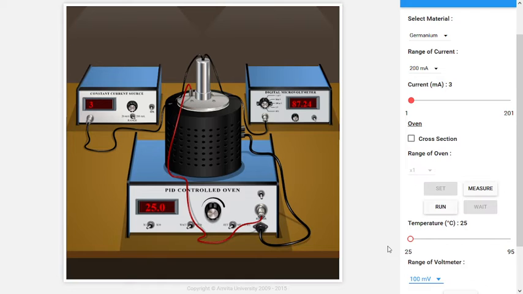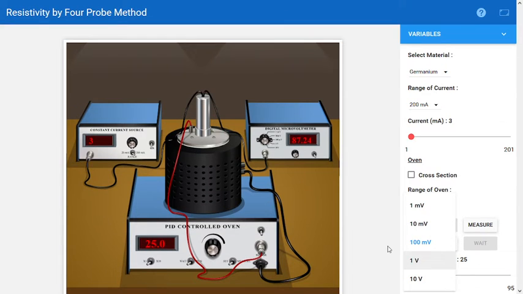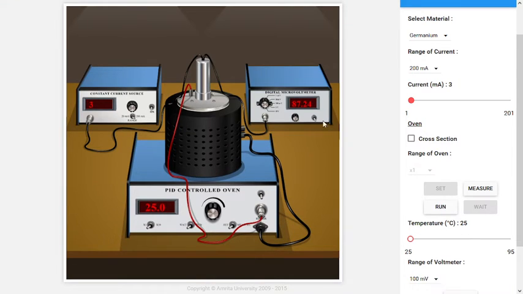As it shows the voltage, this is what we need in our experiment: the temperature, the voltage, and the current, which is constant.